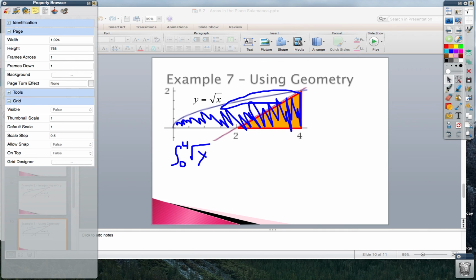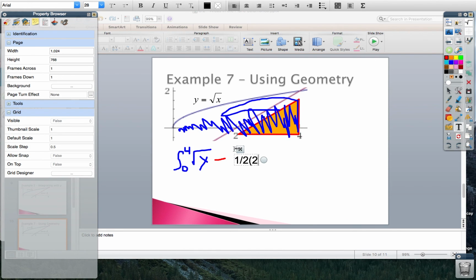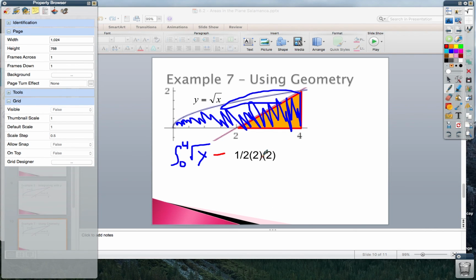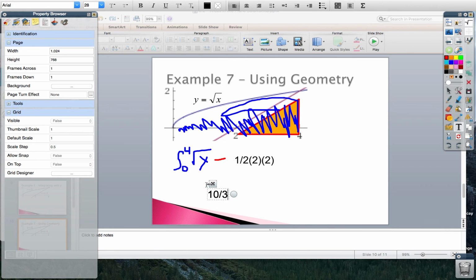So what we're going to do now is take the area of the whole thing, and subtract that triangle, which is just 1/2 times base, which is 2, times the height, which is 2. And when we simplify this, we are going to, again, get 10/3 units squared.